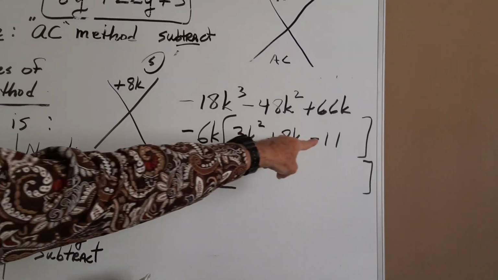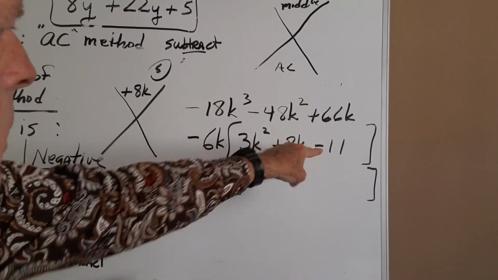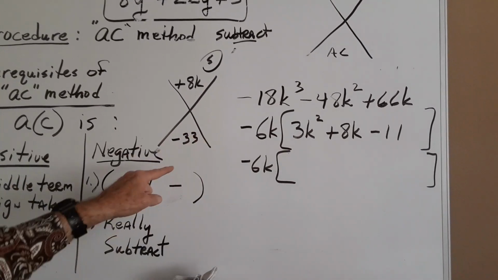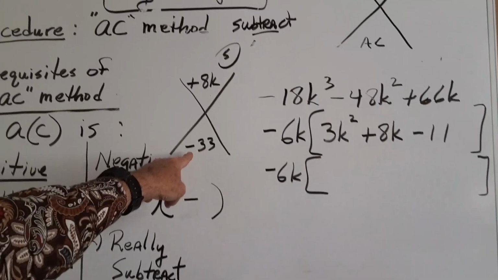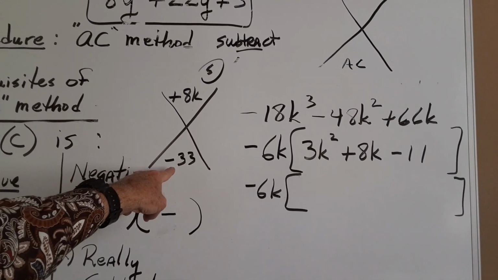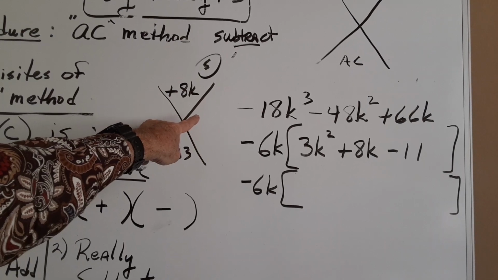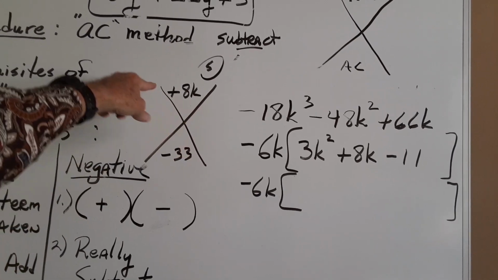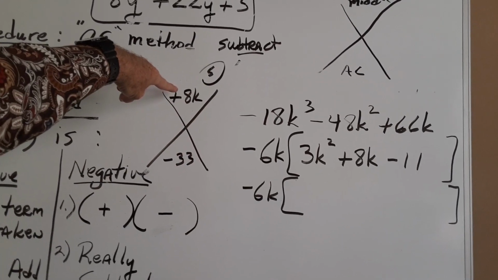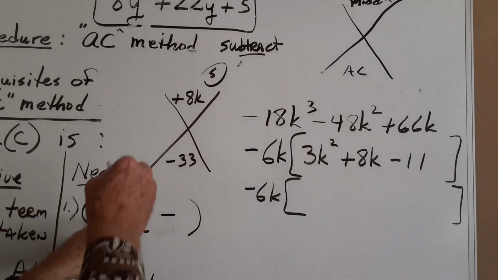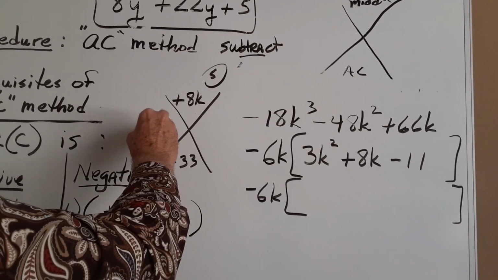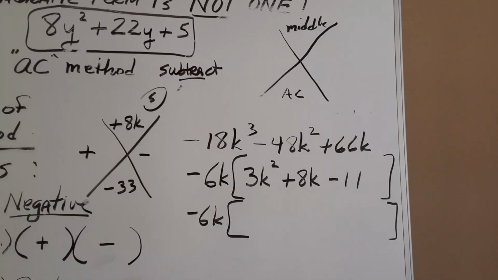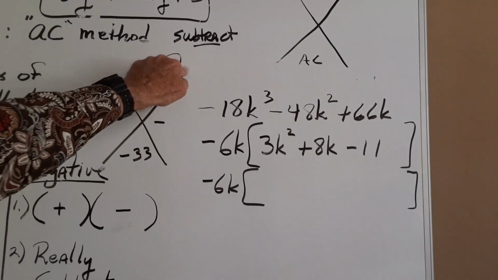There's your A. Times your C. 3 times negative 11. People, as soon as you see that your AC is negative, that means plus minus, minus plus, plus minus. But because the sign of the middle is positive, once again, I'm going to let 9 o'clock carry that positive and the other one carry the negative. Subtract.